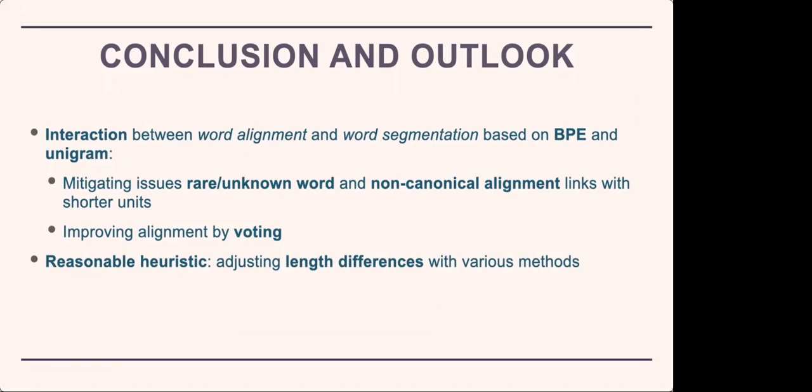Actually, in my study, for each language we have a different type of alignment. In some languages we only have one-to-one links, and in other languages we could have more many-to-many or one-to-many links. It depends on the language pair.